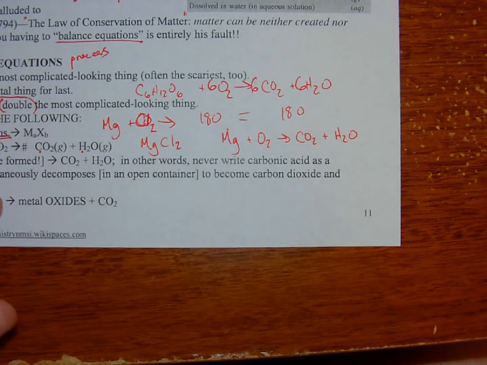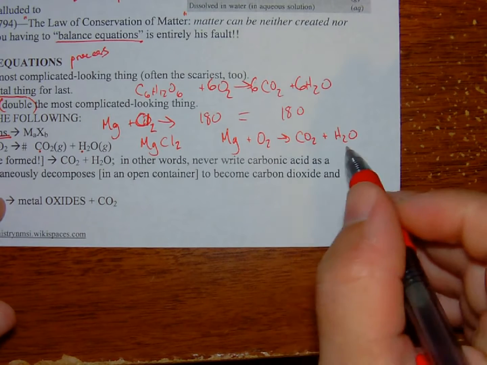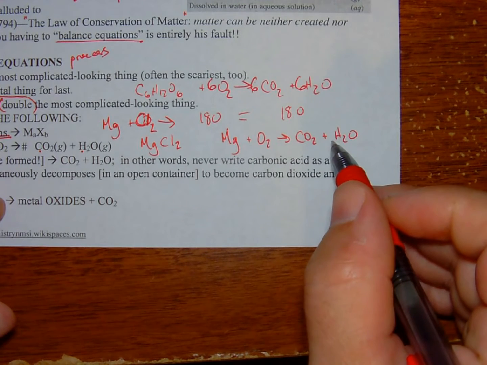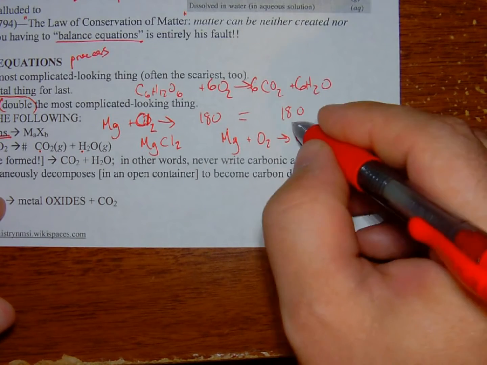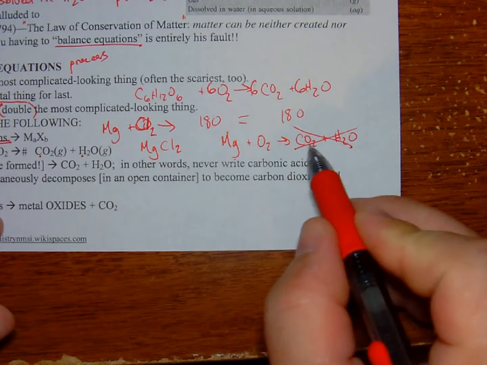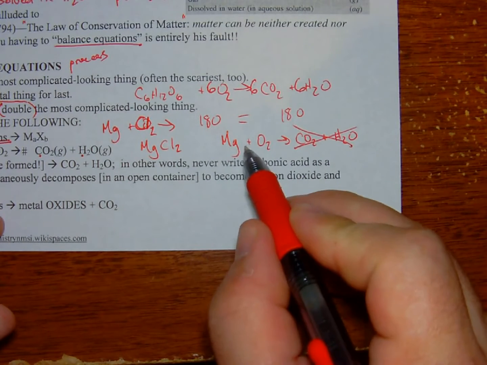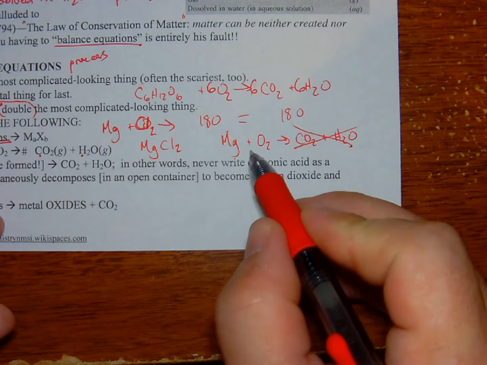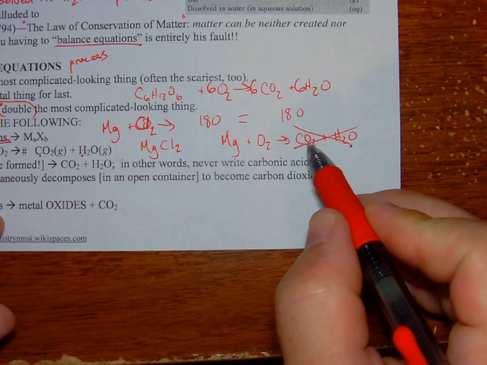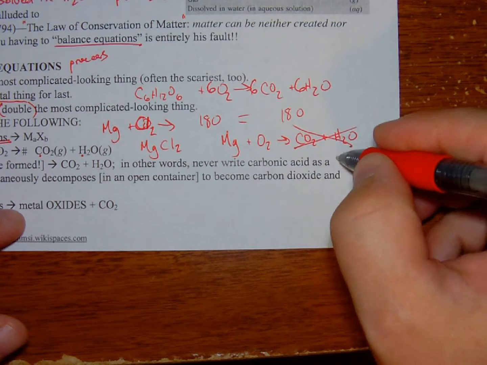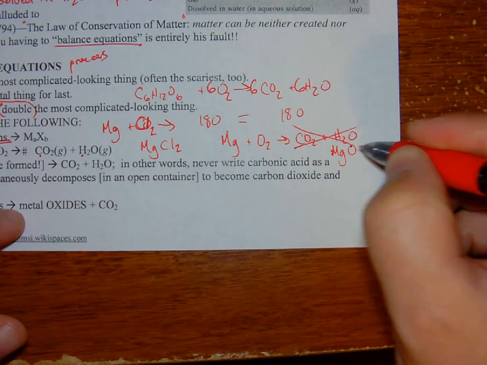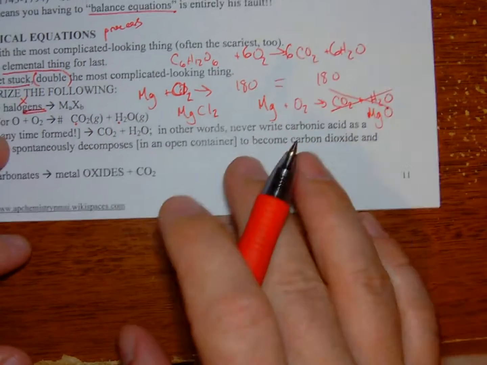And they write these two products because these are common products of combustion. This is wrong. This is incorrect. You have neither carbon present on this side of the equation nor hydrogen present on this side of the equation. So you can't have carbon dioxide. You can't have water. You would have magnesium oxide.